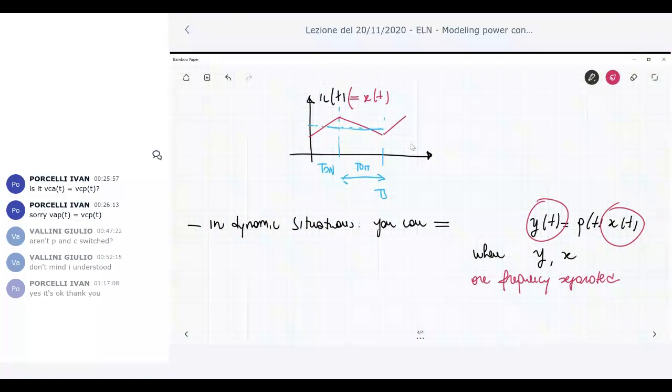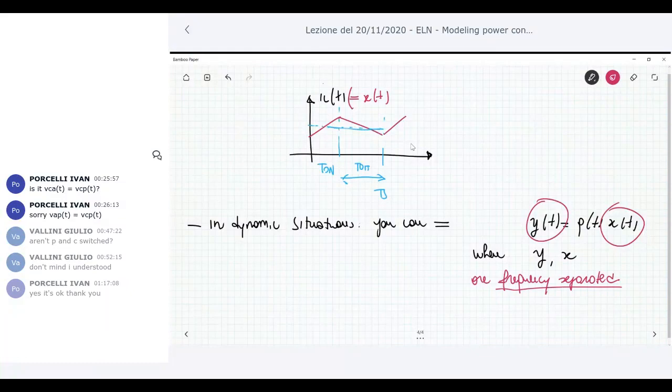This is a consequence of the fact that these can be described in terms of orthogonal functions in Hilbert spaces. Orthogonal functions means that they are uncorrelated variables. In electronics, if you look at the frequency, you can say that they are frequency separated.